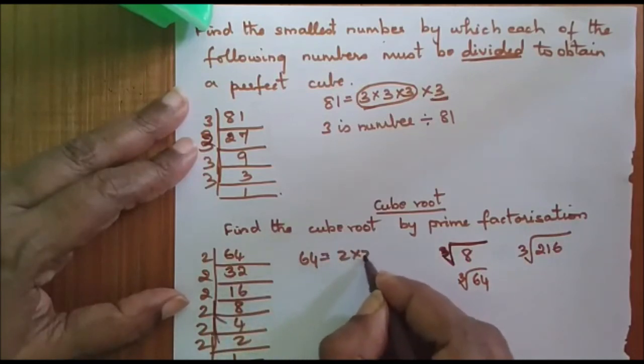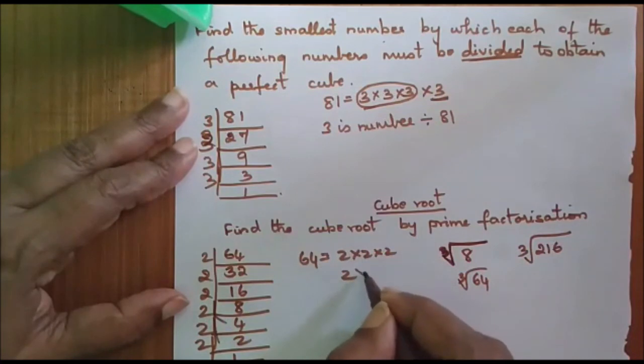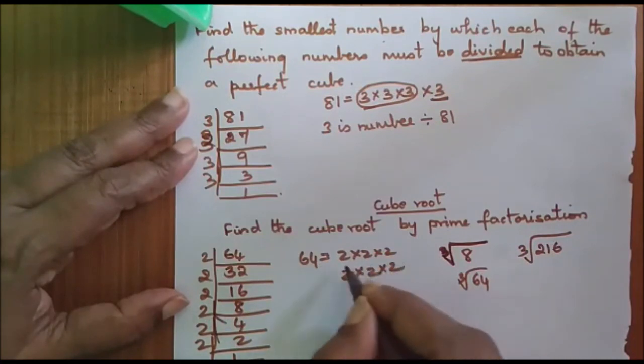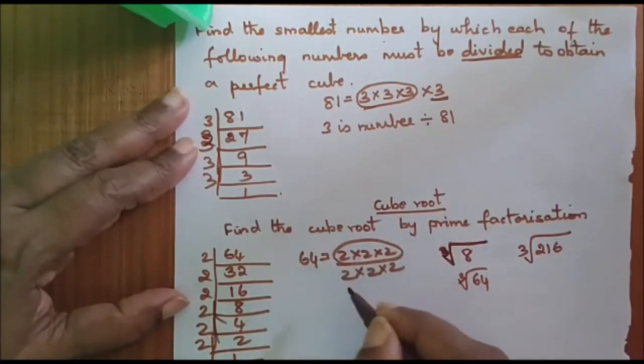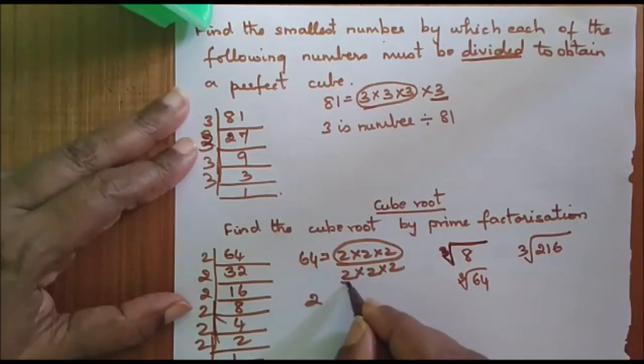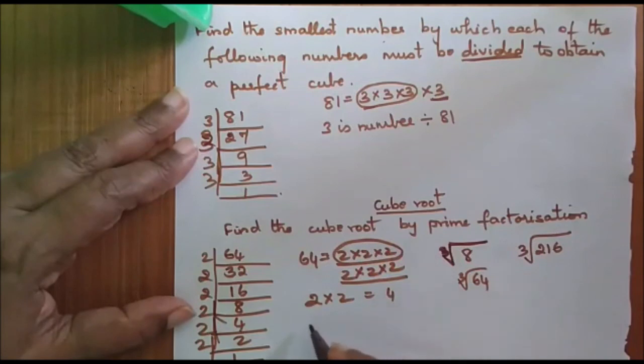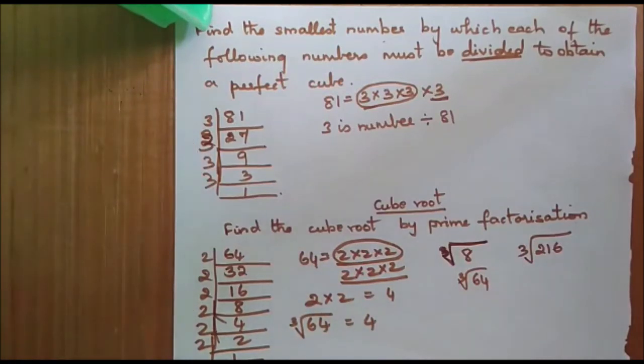We have six 2s. So this forms one triplet, that is one 2, and from the other triplet we can take another 2, which is equal to 4. So the cube root of 64 is nothing but 4. I hope you understood how we can find cube root by the prime factorization method.